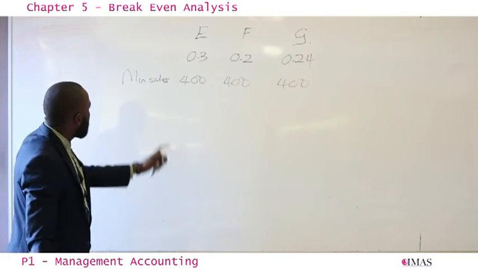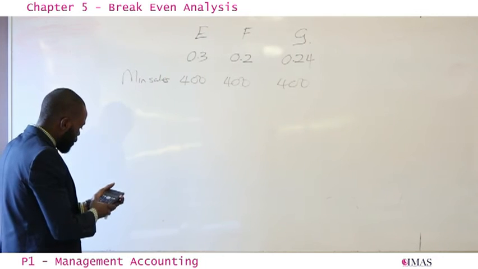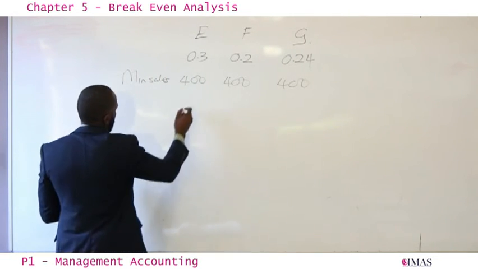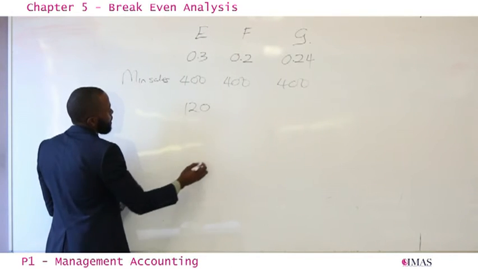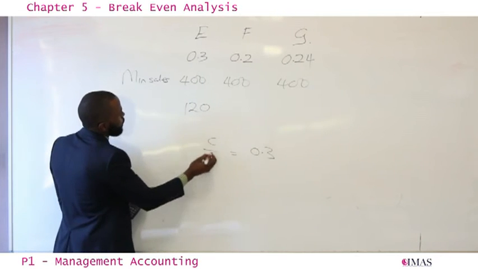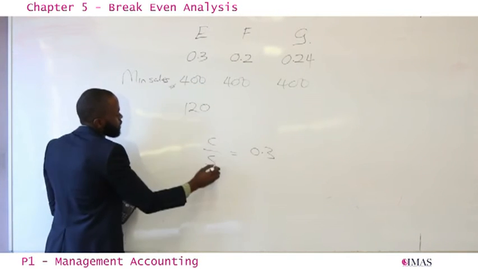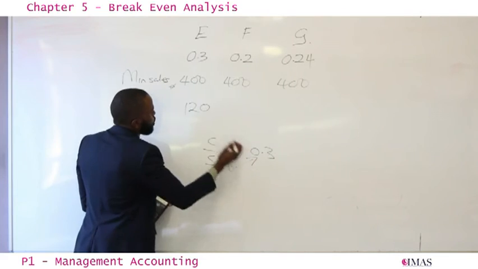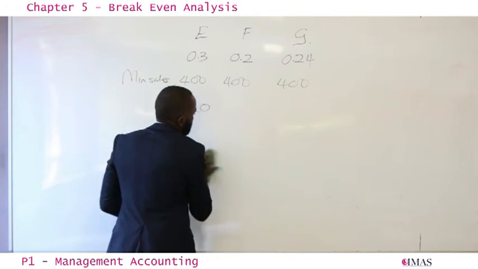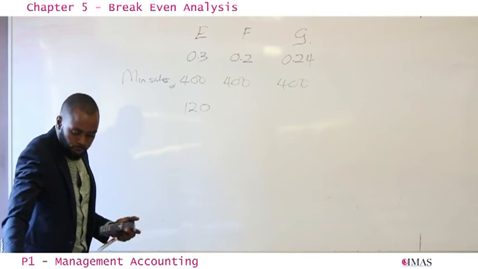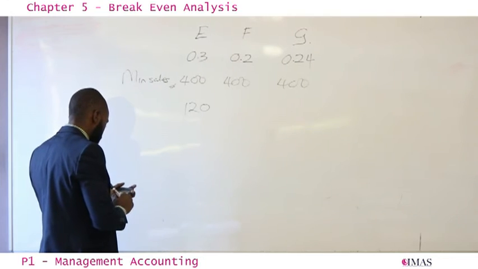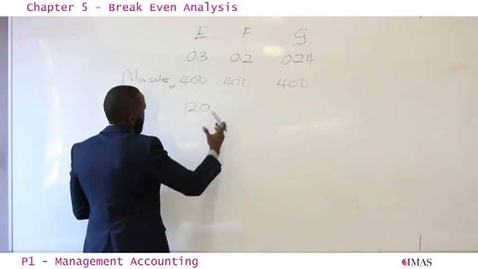That means that E will contribute 400 times 0.3, which is 120. Remember, our contribution to sales ratio is contribution divided by sales. Here our sales is 400, so 400 times 0.3, we get 120. Then 400 times 0.2, we get 80.